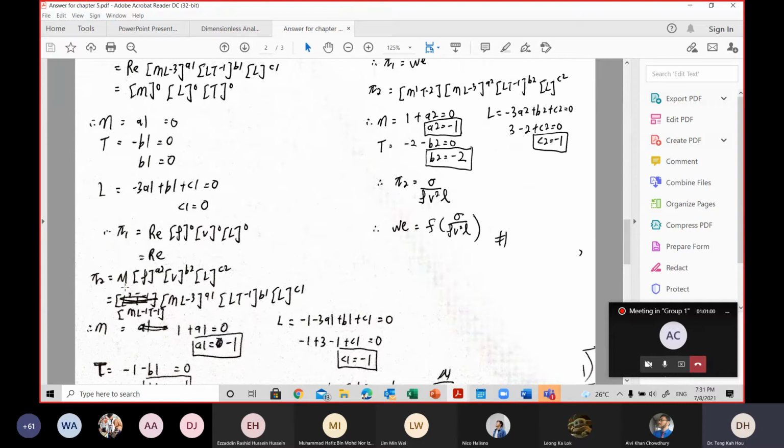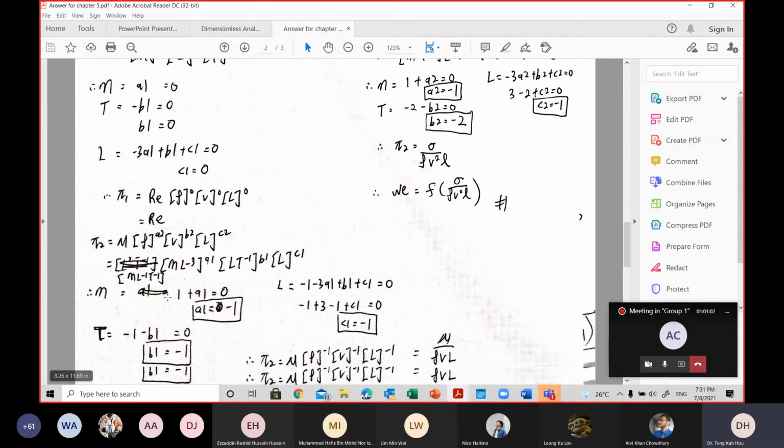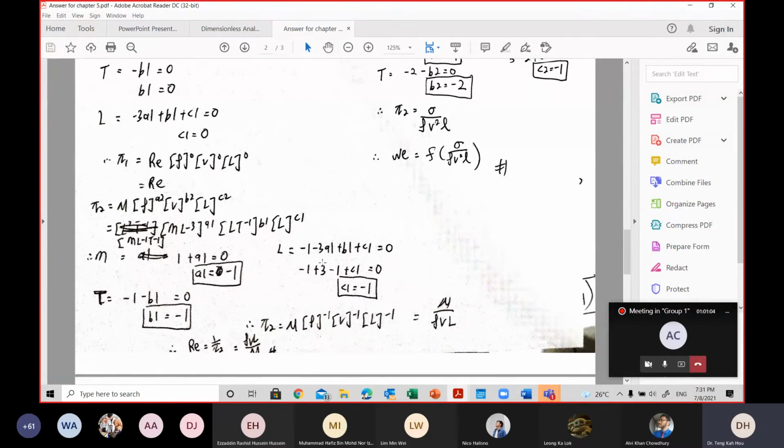For your pi 2, of course, you need to do the same things. I know this is based on your capability in mathematics, right? So take your time to do that. Make sure when you consider M, you consider all the M, you consider L, and please write nicely. I know my handwriting here is not good, but please write nicely so you can always double check there's no mistake.